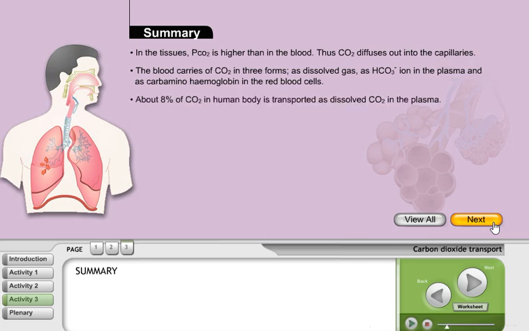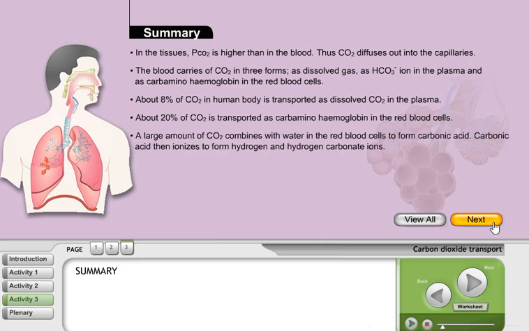About 8% of carbon dioxide in the human body is transported as dissolved carbon dioxide in the plasma. About 20% of carbon dioxide is transported as carbaminohemoglobin in the red blood cells.